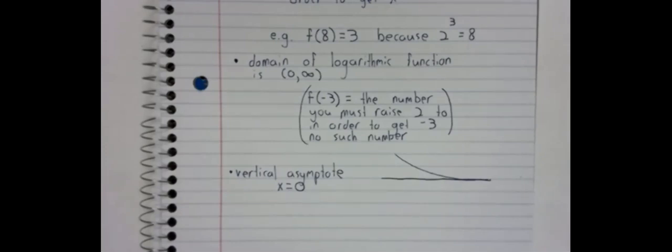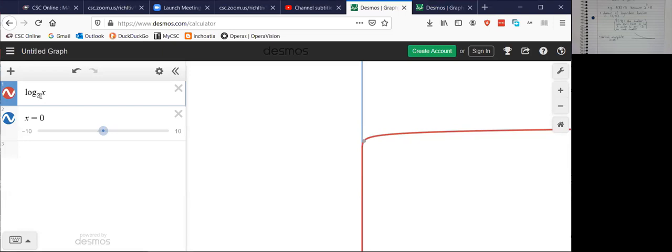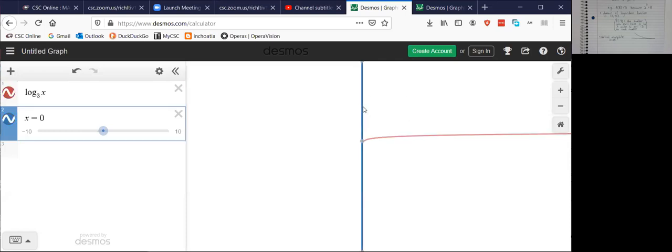And that is true even if we change the logarithm. So here's the logarithm base 3 instead of the logarithm base 2. But you see that near 0, the curve in red and the curve in blue are indistinguishable.